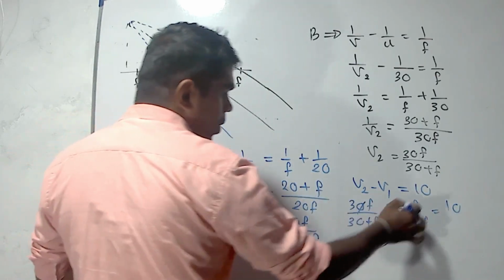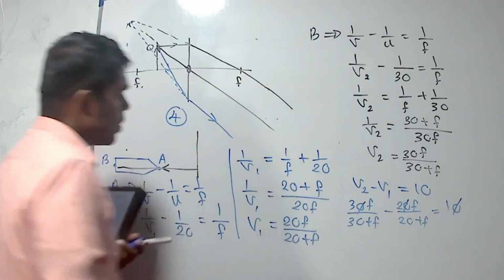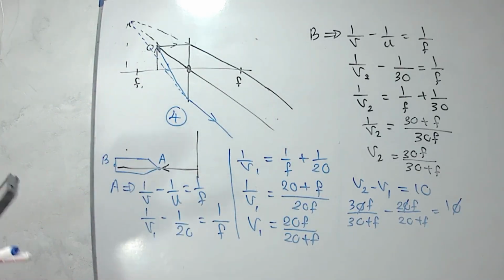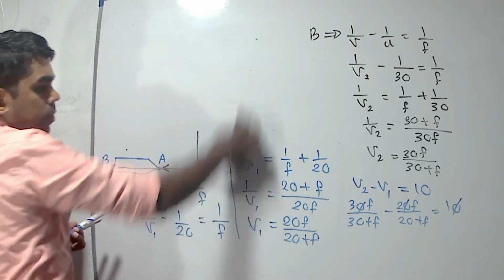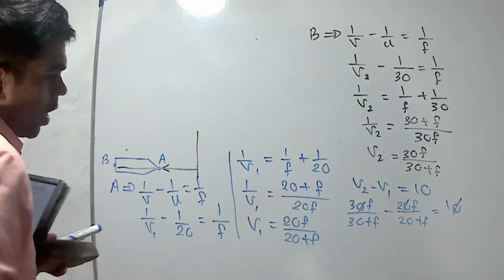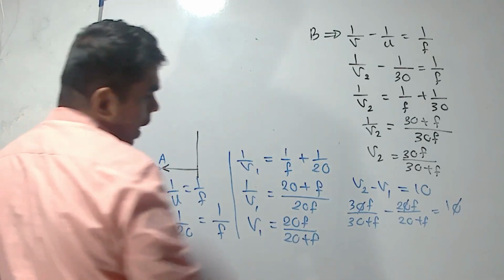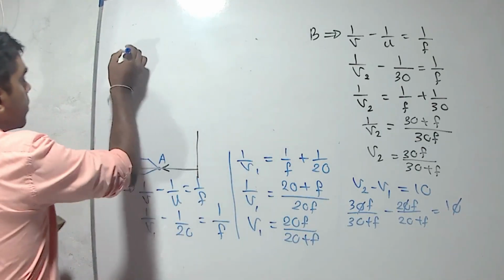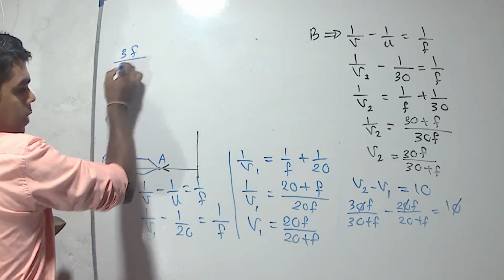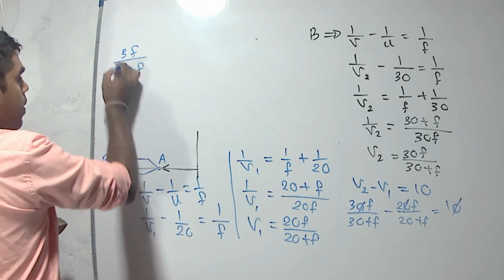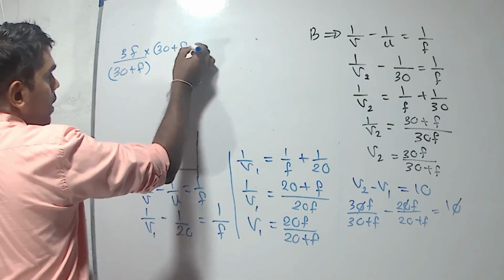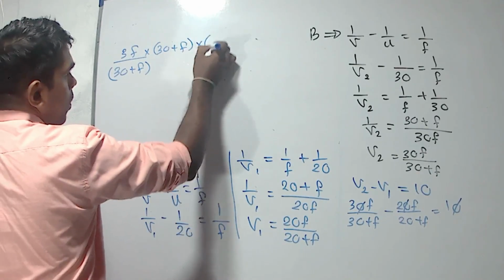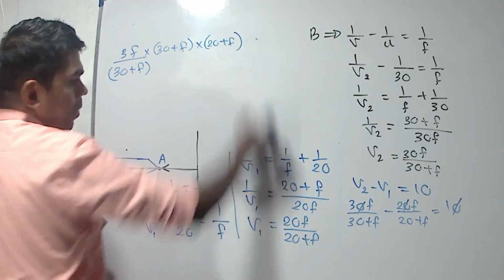We can cancel out a 10 from all terms. Then I will simplify it. We can multiply all terms by the LCM of the denominators. 3F divided by 30 plus F multiplied by 30 plus F into 20 plus F, it is the LCM.